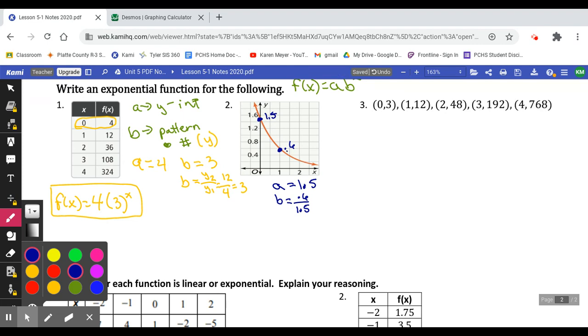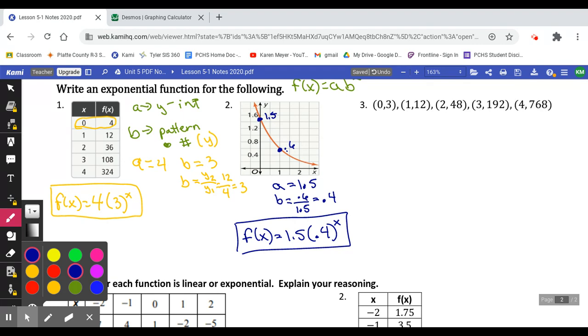Remember, second y divided by first y. And if I do that, I come up with 0.4. So now I can say f of x equals 1.5, parentheses, 0.4, raised to the power of x.